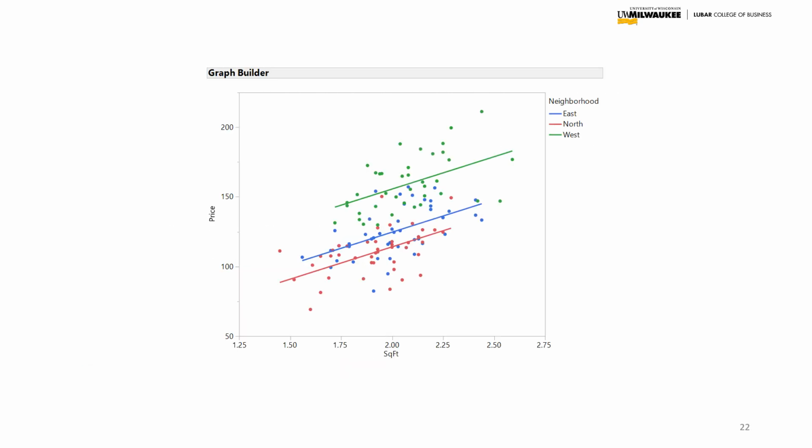As noted, breaking down the fitted models by neighborhoods gives us 3 parallel fitted lines, as we see here on the slide. And we see that the fitted models are well placed in terms of the 3 color-coded scatters.